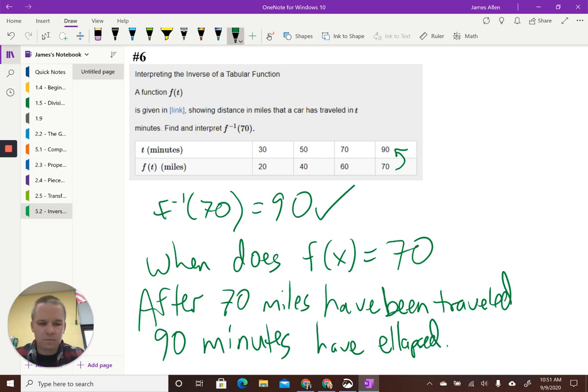Cool. I like it. Except for the fact that I put maybe one too many L's there for elapsed. I'm going to fix that. There we go. Awesome. All right. So some of these problems will ask you to interpret what's going on. Usually we think about, oh, as this amount of time has passed, I've traveled this much. But then we're thinking about it in reverse with the inverse. After I've covered 70 miles, how many minutes have elapsed? We're just going to flip-flop it.